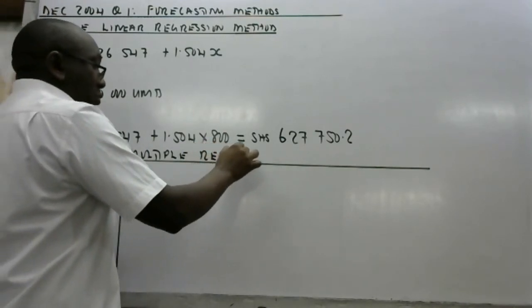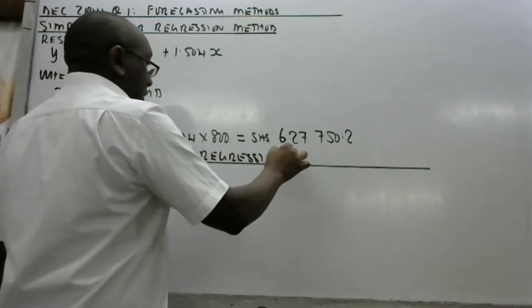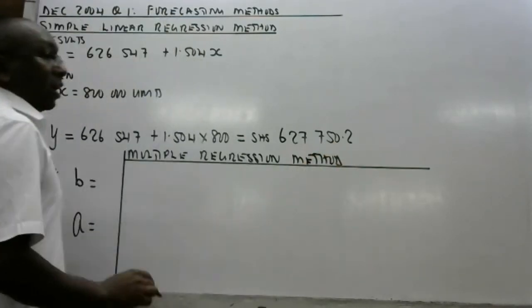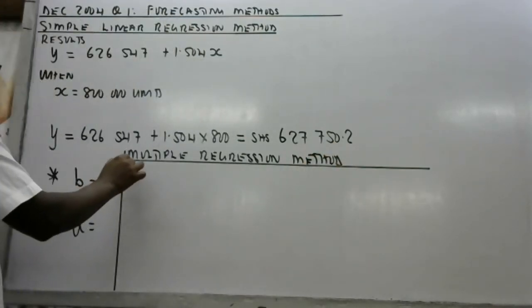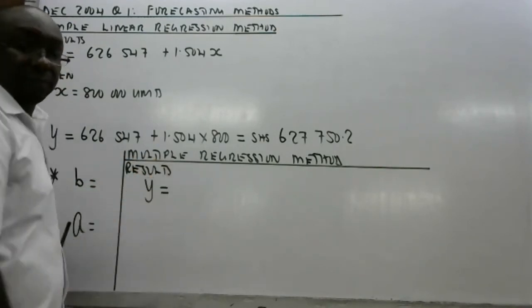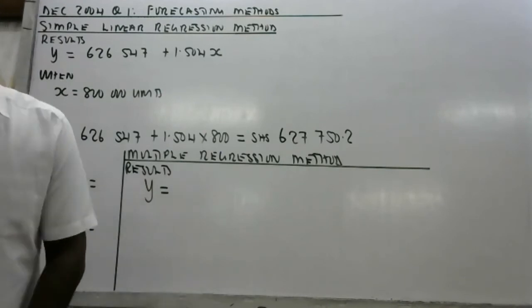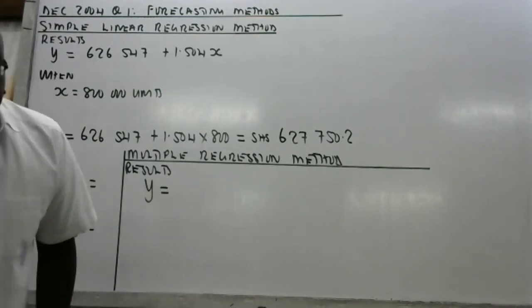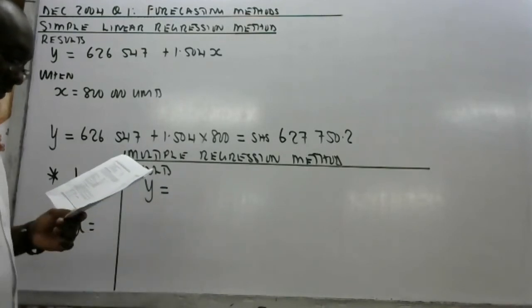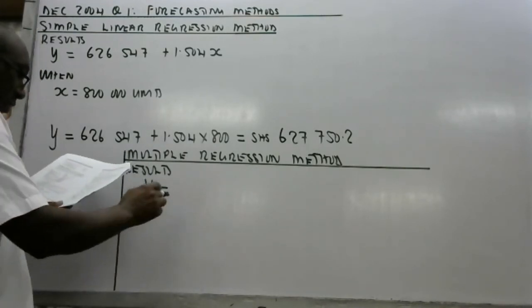This is what we call the multivariate regression method. Already the question has given us the results, so you don't have to develop them. The results are according to information 6.